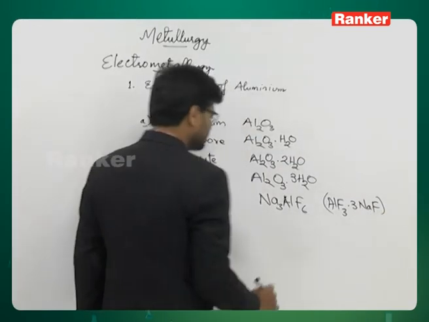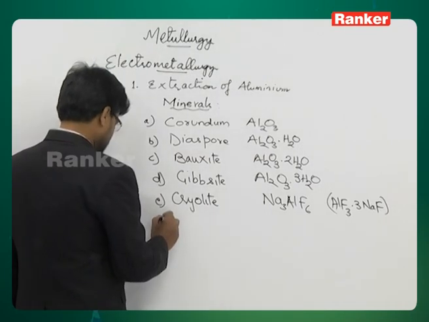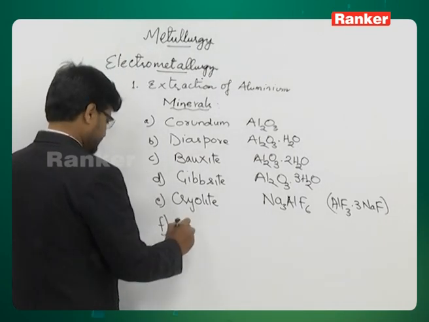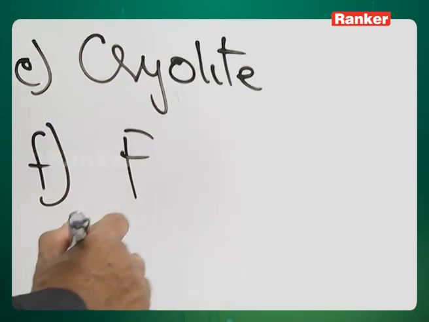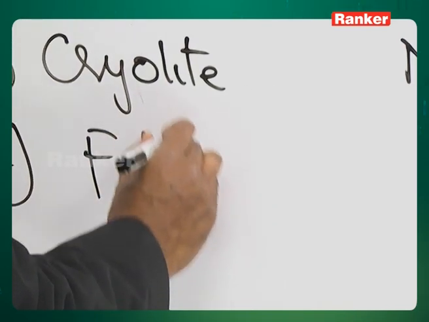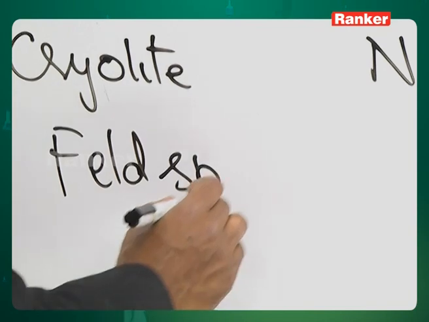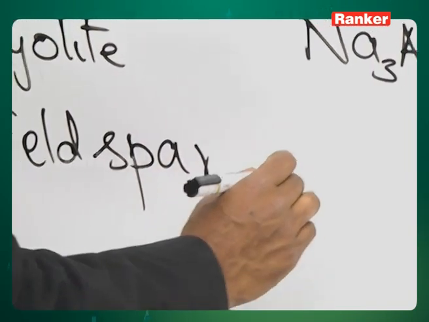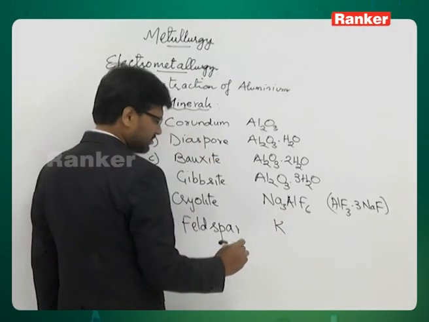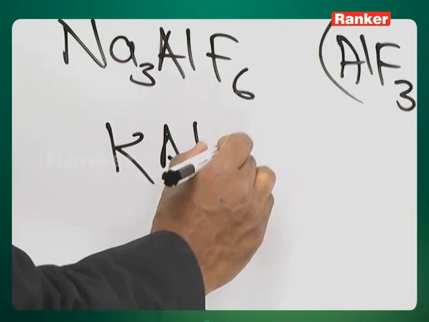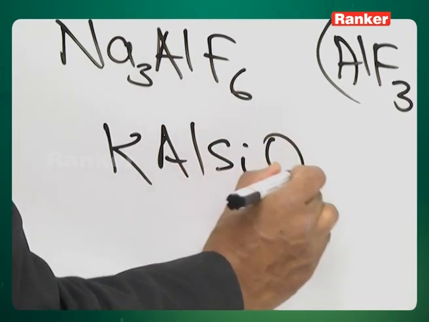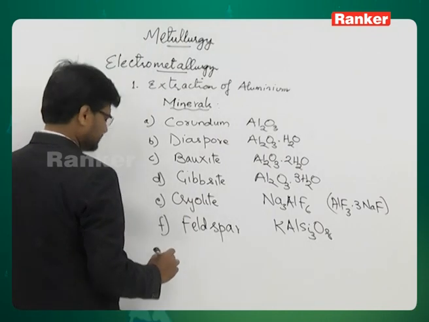This is the composition of cryolite. Feldspar. It is a silicate mineral, KAlSi3O8. This is feldspar.